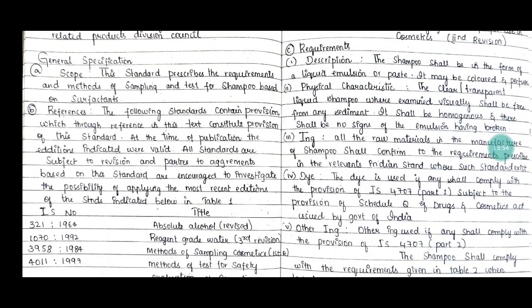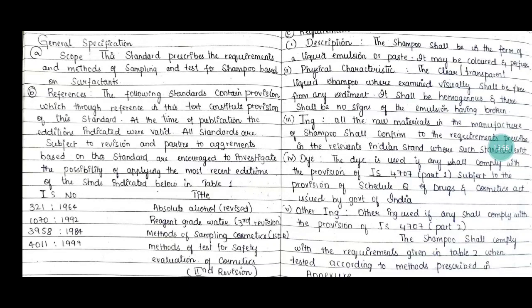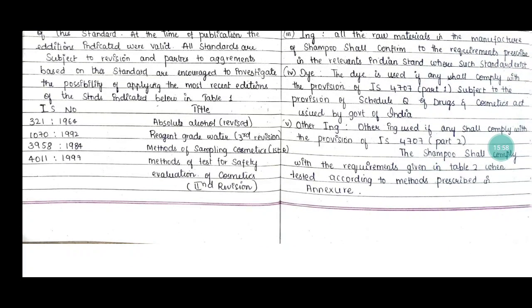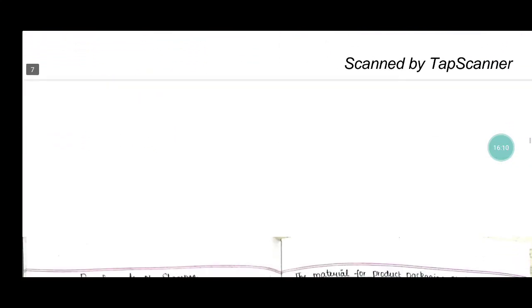Number fourth, that is dye. Fifth, other ingredients. And lastly, the shampoo has to comply with the requirements given in Table 2 when tested according to the method prescribed in the annexure.